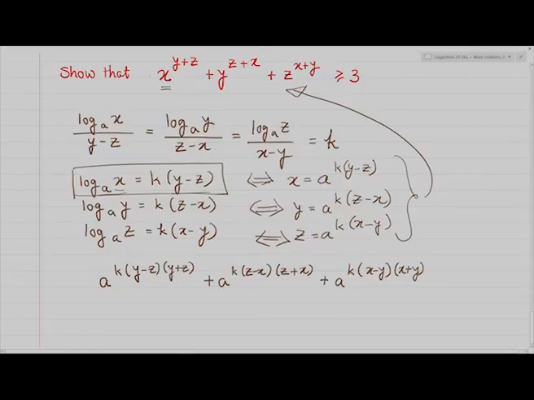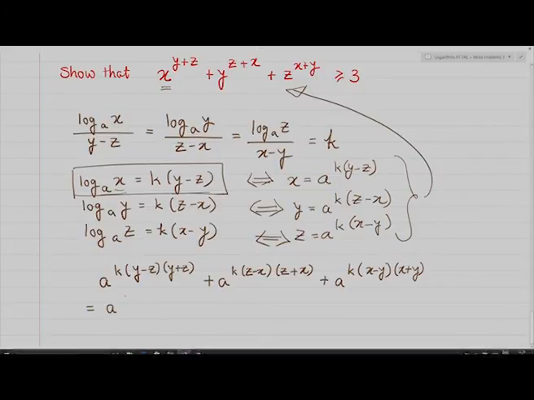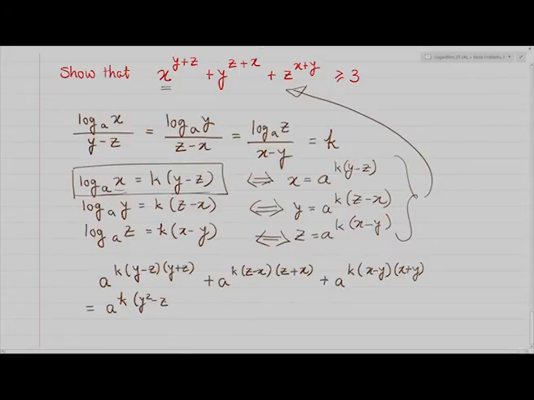Okay, I am not writing the other side, but this is equal to a raised to k times y square minus z square plus a raised to k times z square minus x square plus a raised to k times x square minus y square.